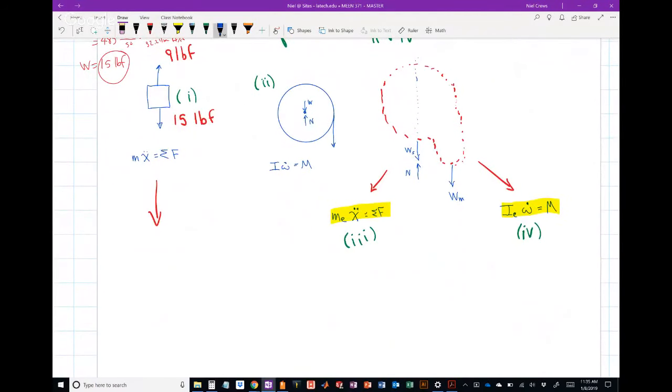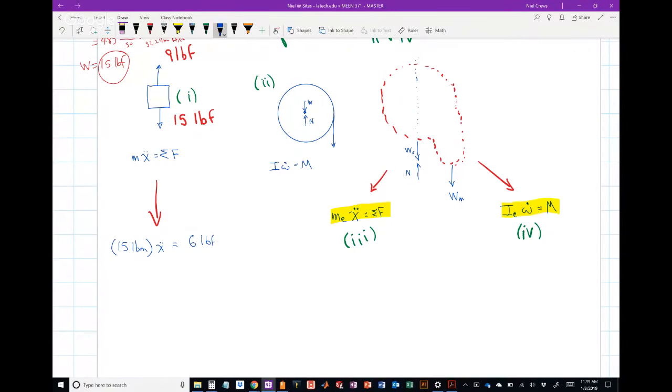Anyway, 9 and 15. So we're summing the forces here. We have the mass. The mass now, it's not 15-pound force. The mass is 15-pound mass. The x double dot is unknown, and that is going to be the sum of all the forces, which is going to be 6-pound force.